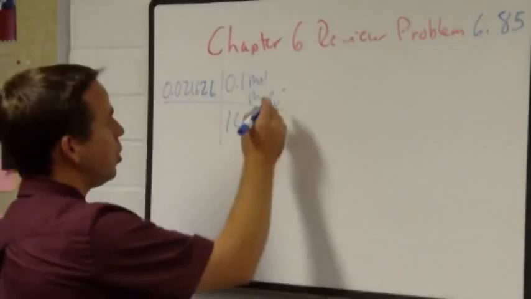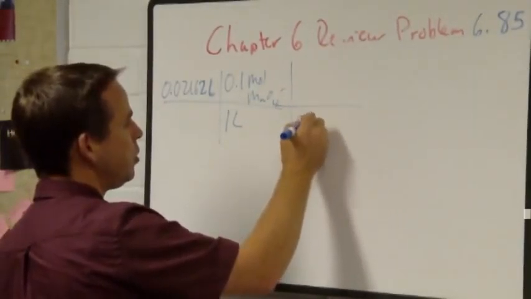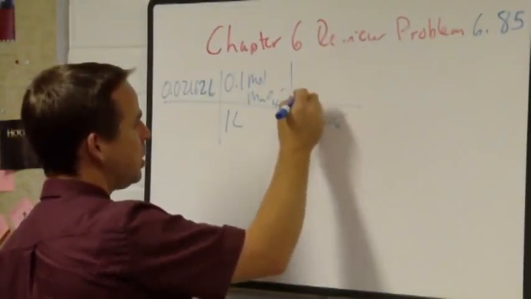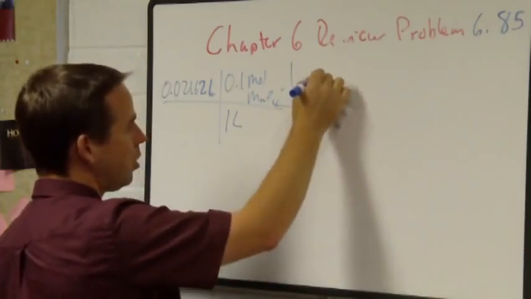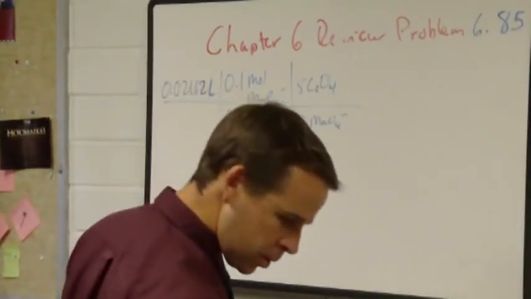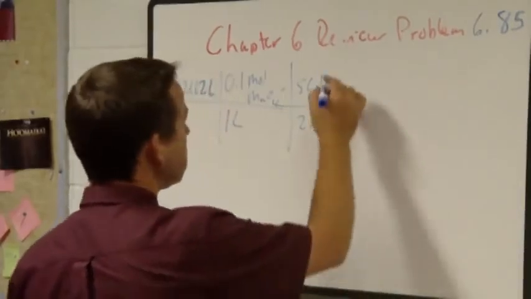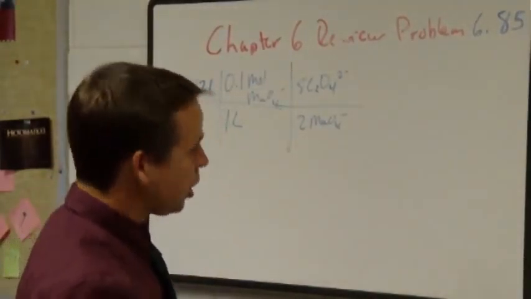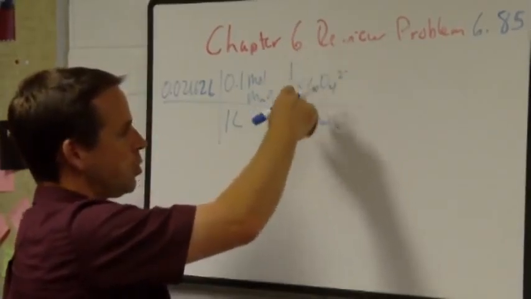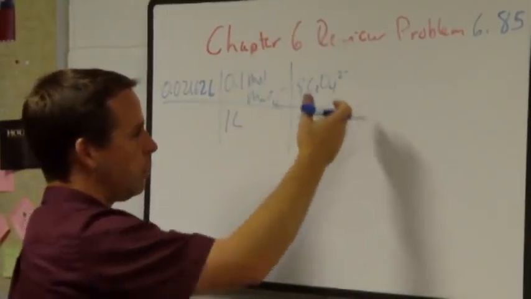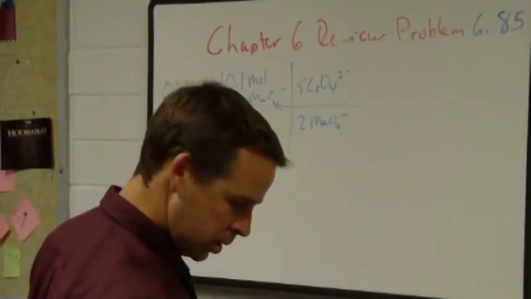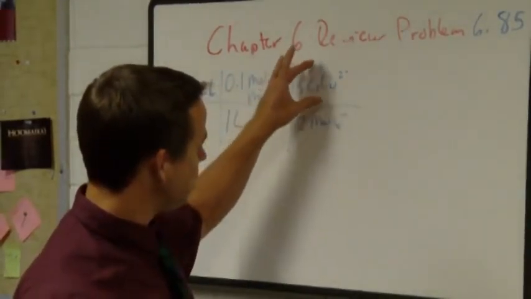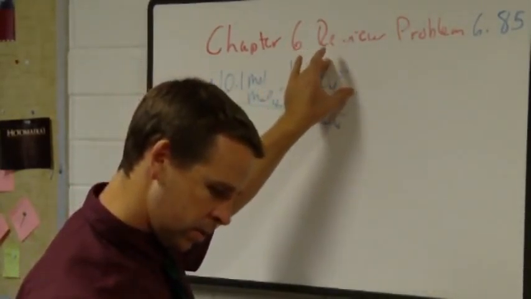All right, so we have for every 2 MnO4 minus, 5 C2O4 2 minus. And same as, I could have put this as the H2C2O4 and then said that there was 1 of those for every 1 of those, but that's all right. Same thing, right? It doesn't matter because this is what we're after, how many of these there were.